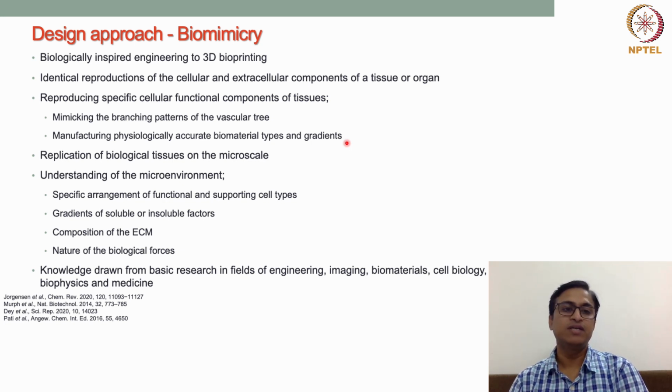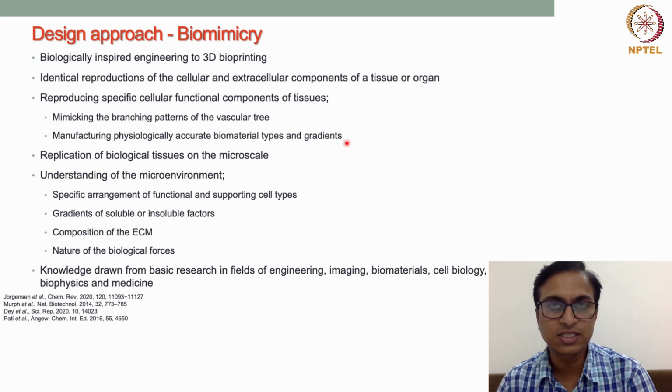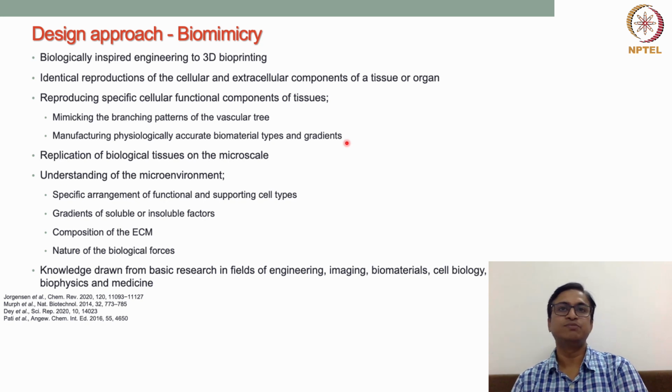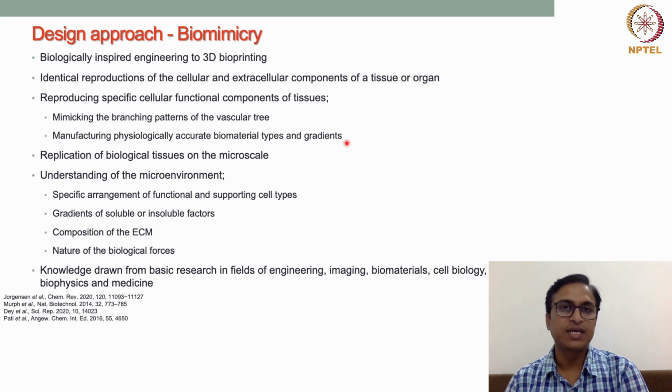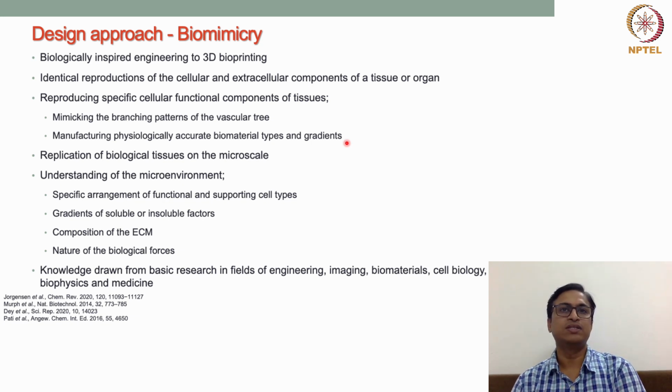We get inspiration from that biological substance, in this case from the tissue and organ structure, organization and arrangement, and then we use the tools available with us, like the bioprinting technologies and also the biomaterials. We use these to mimic the structural detail, such as the organization or arrangement of the cells or materials in that tissue structure.